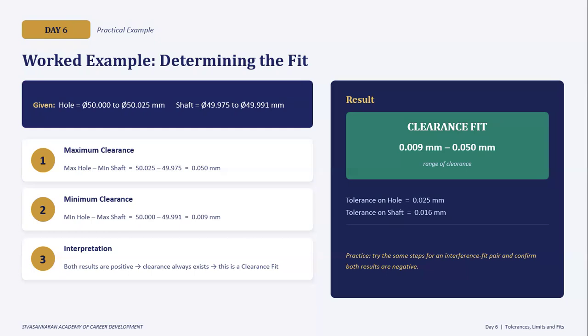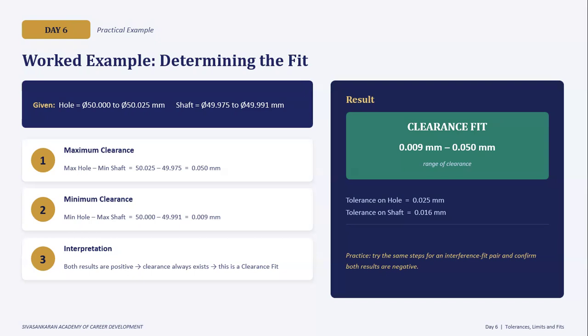The maximum clearance is calculated as the maximum hole size minus the minimum shaft size. Here in this problem, the maximum hole size is 50.025 and the minimum shaft size is 49.975. That gives a difference of 0.050 mm.